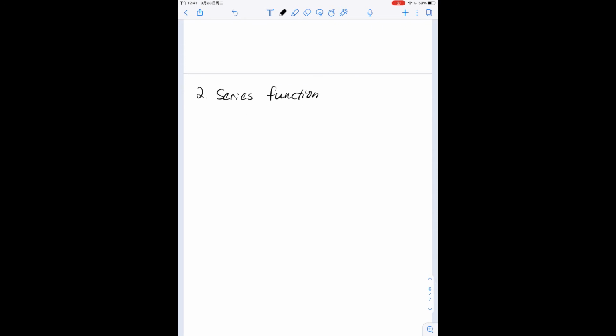Series function, you can consider it just as another way of representing a function.